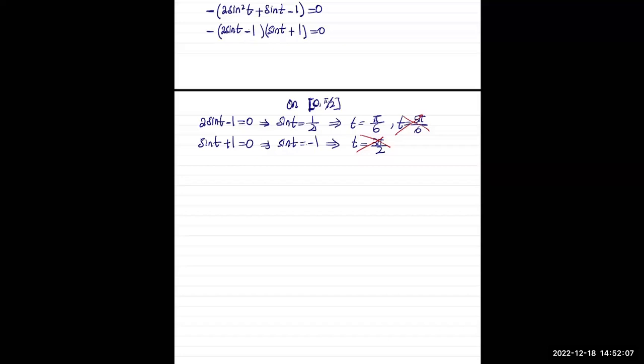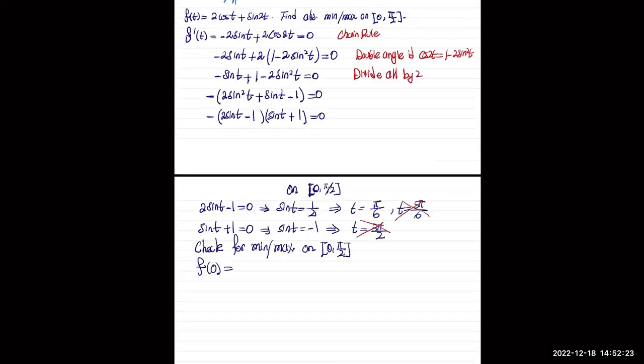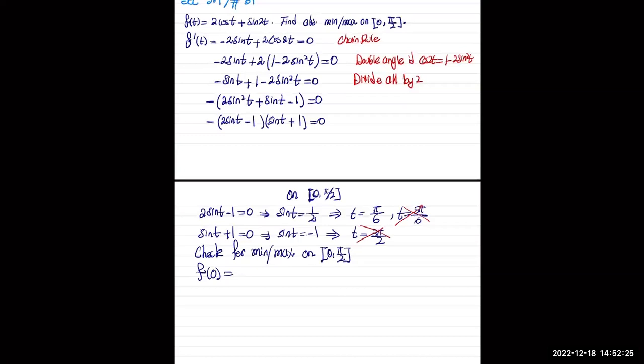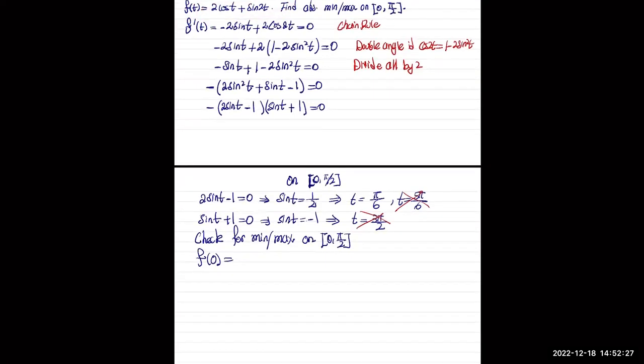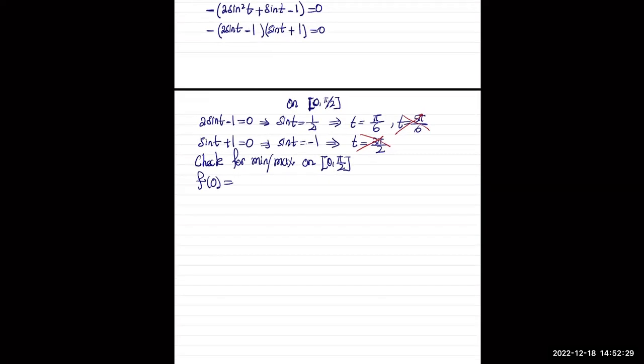Okay, so now we are going to check for min and max on 0 to pi over 2. Plug in 0. Plug 0 into the function. The function again is 2 cosine t plus sine 2t. Let me copy down the function.